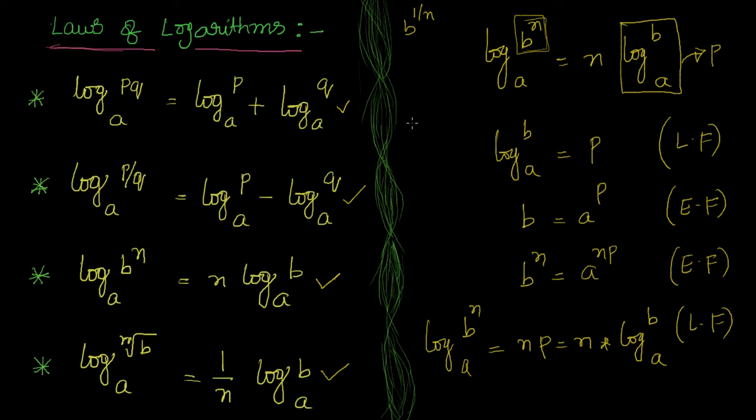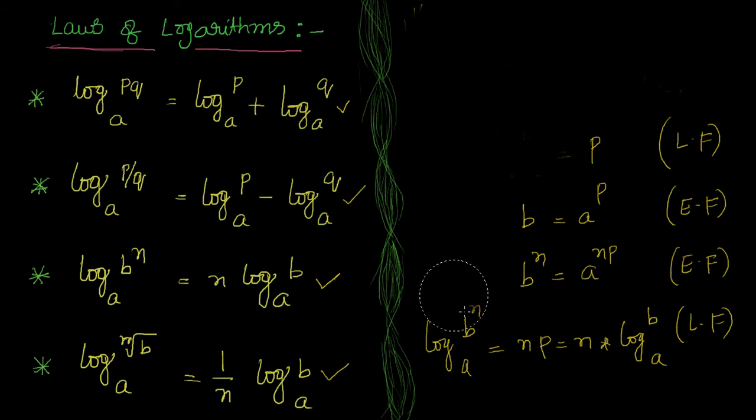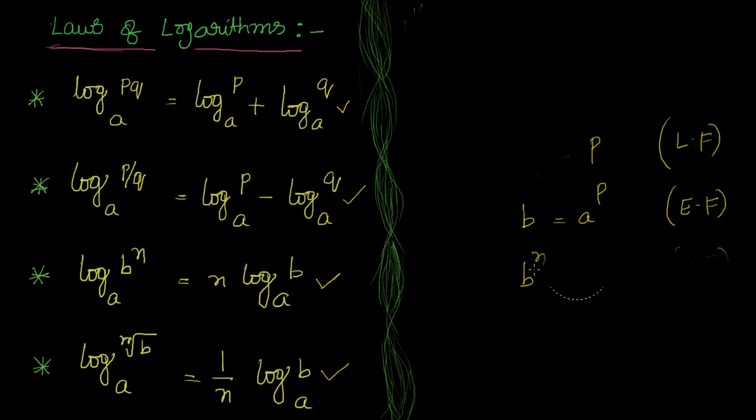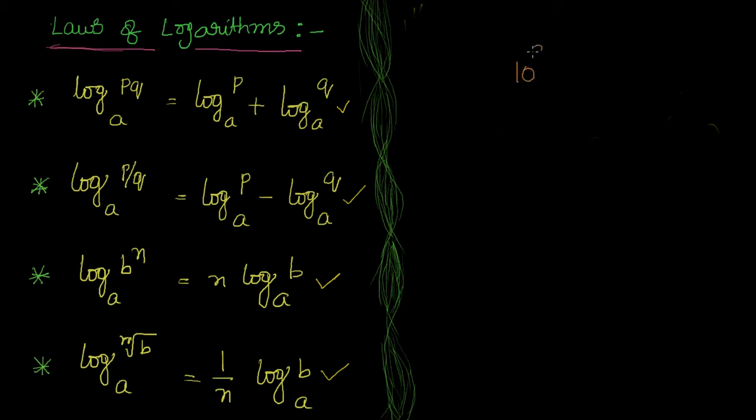Now let's go ahead and try to do simple, small examples so that we can appreciate what we have learned. Suppose you want to find out 10 to the power of 8 into 8 to the power of 10.